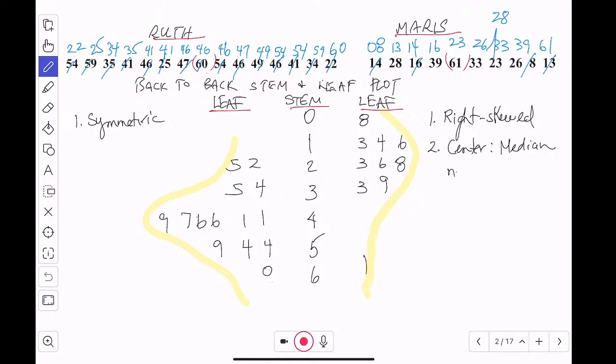To calculate the median, we use the n+1/2 observation, which would be what? Well, Maris has an n of 10 and Ruth has an n of 15. So this would be 11/2. This would be the 5.5th observation, or the average of the 5th and 6th observation.